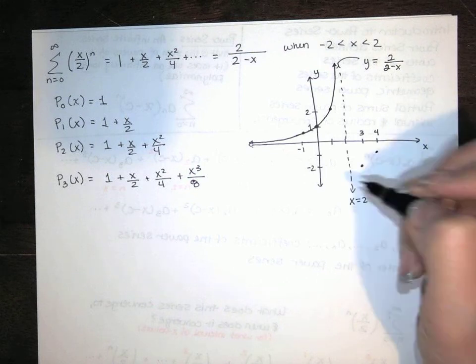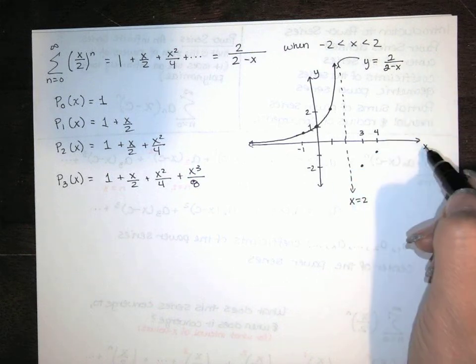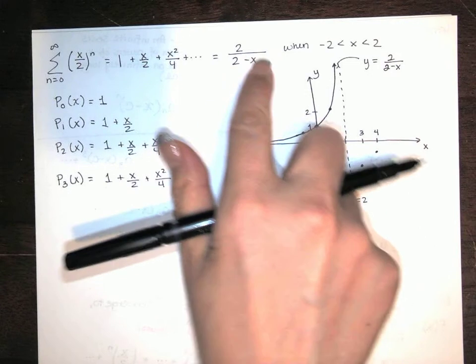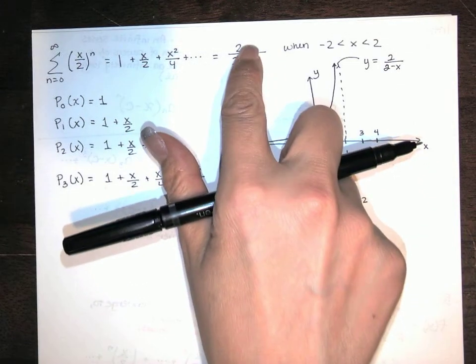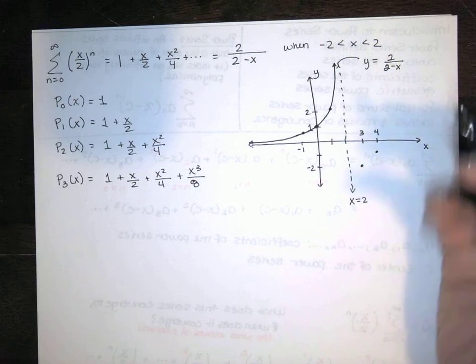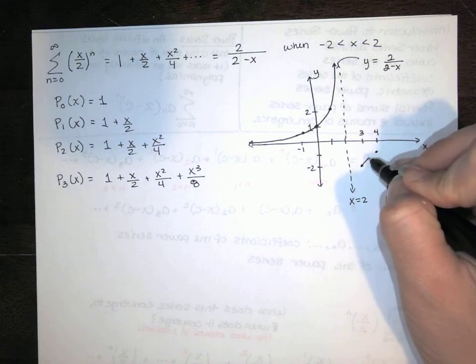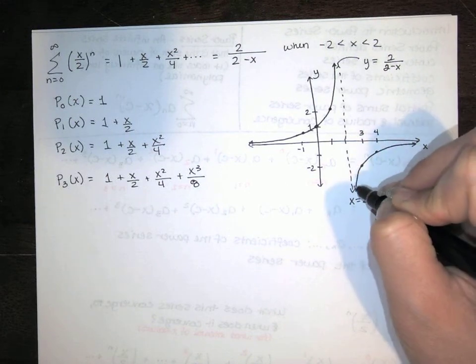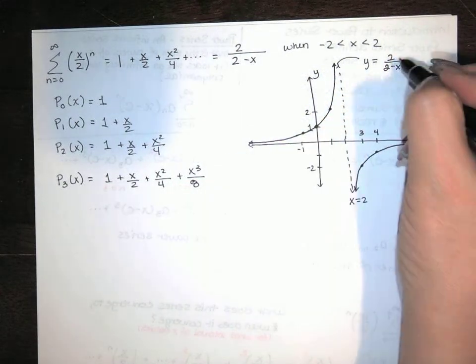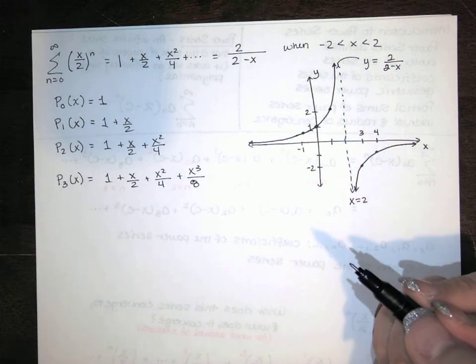And so on. And as x goes to positive infinity, the number in the denominator is approaching negative infinity. So 2 over a large negative number is going to be a small negative number. So the y values on the graph are going to be small and negative. It'll look roughly like this. That's y equals 2 over 2 minus x.